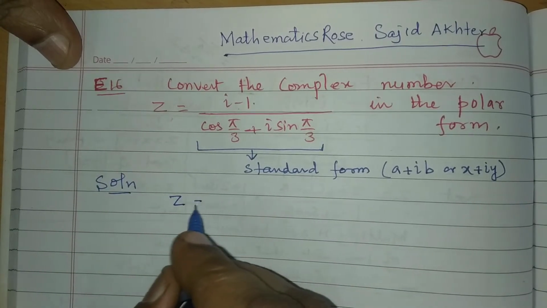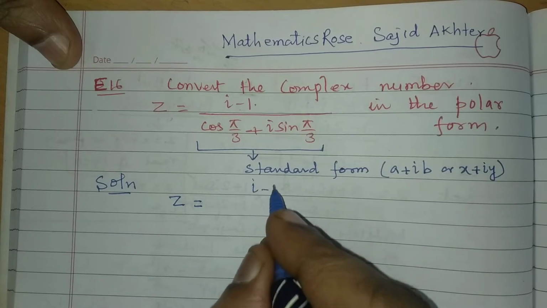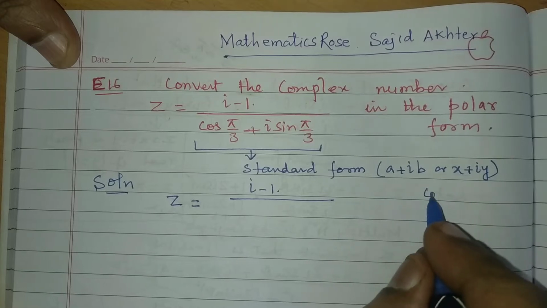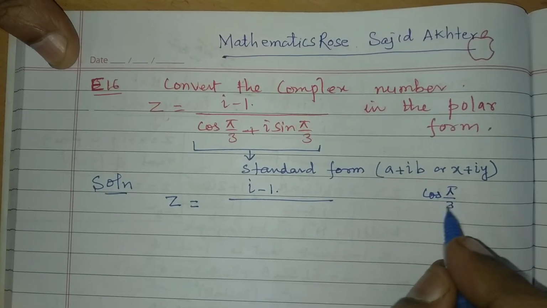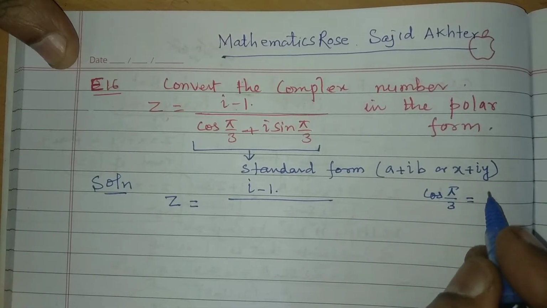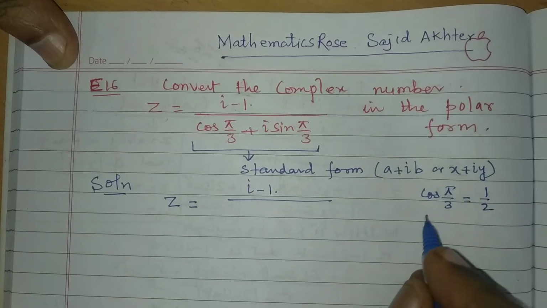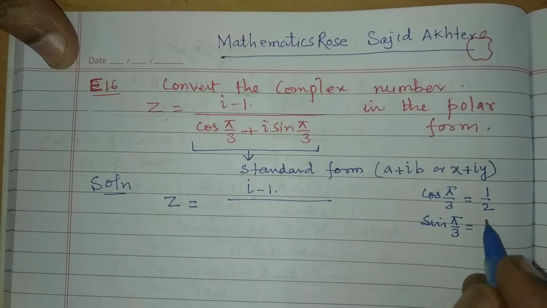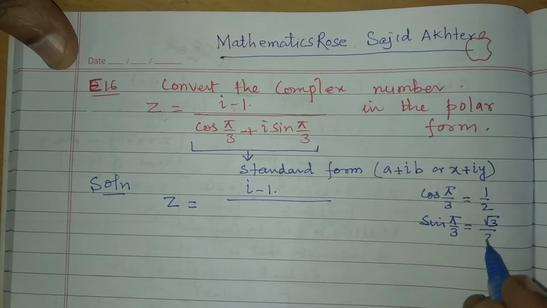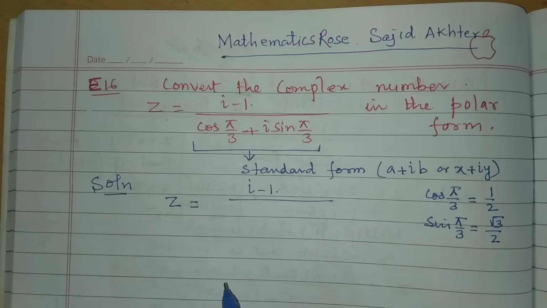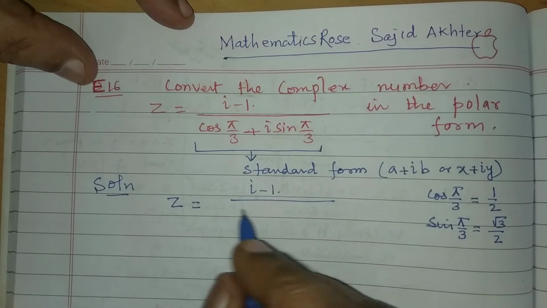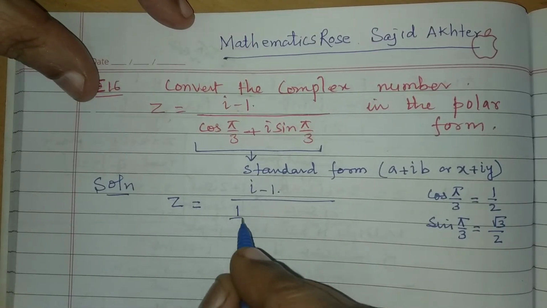Z is equal to (i minus 1) divided by (cos pi by 3 plus i sin pi by 3). Cos pi by 3 means cos 60 degrees, which is 1 by 2, and sin 60 degrees is root 3 by 2. You know it from class 10th trigonometry.